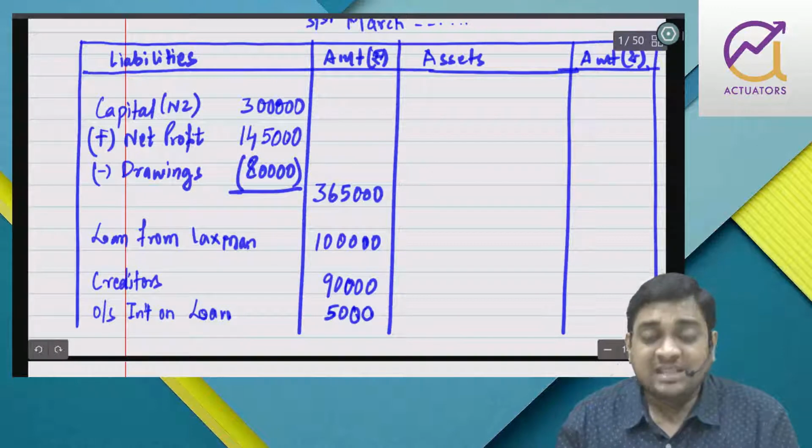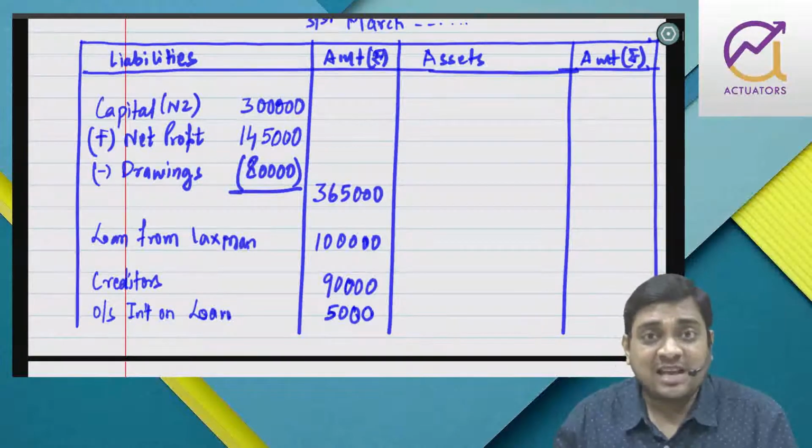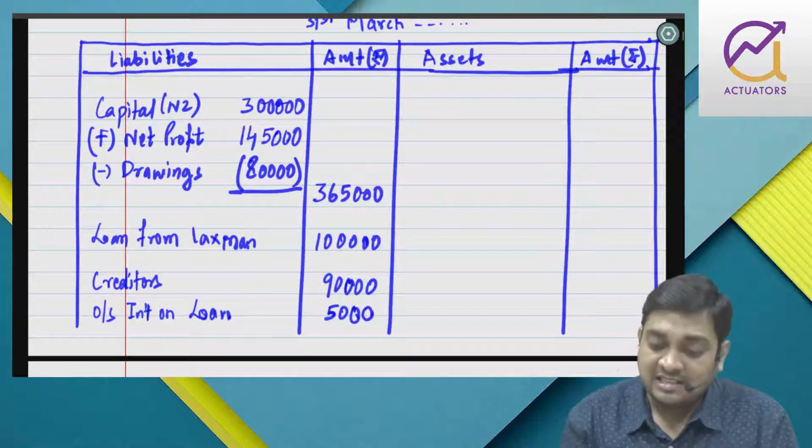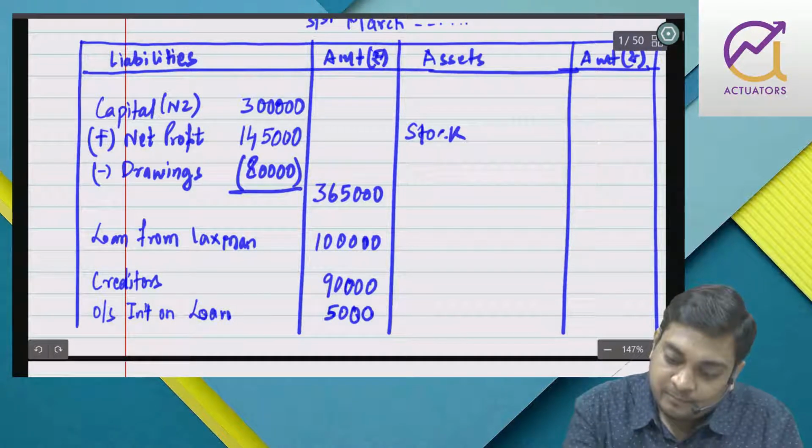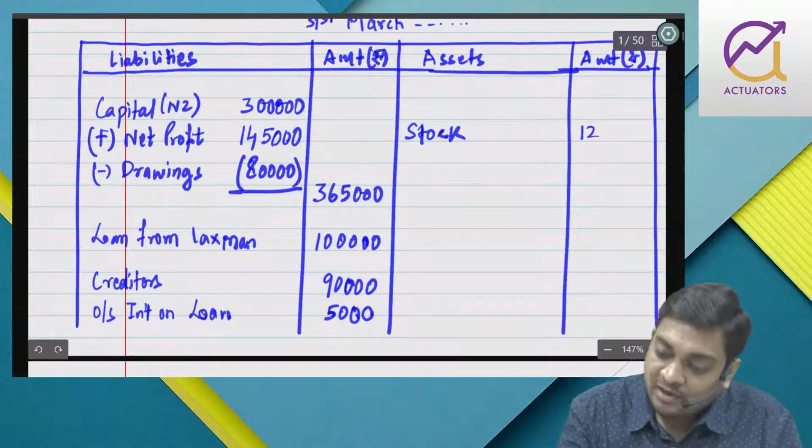Now when you prepare assets, you need to follow marshalling. So first fixed asset, then current asset, and in that current asset, the first item is stock. The closing stock that we got, 1 lakh 20,000 as balancing figure.